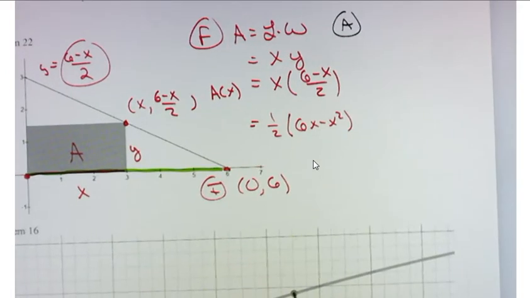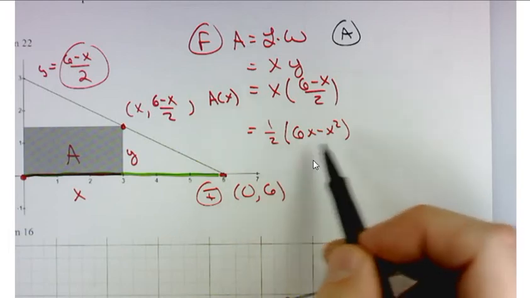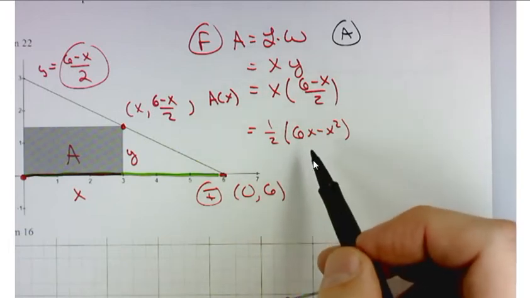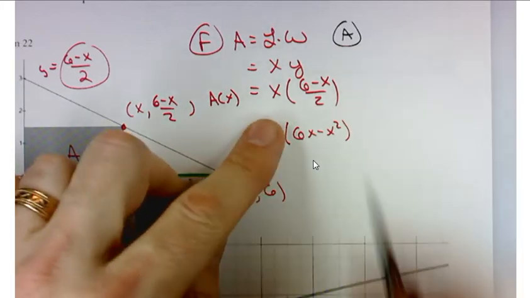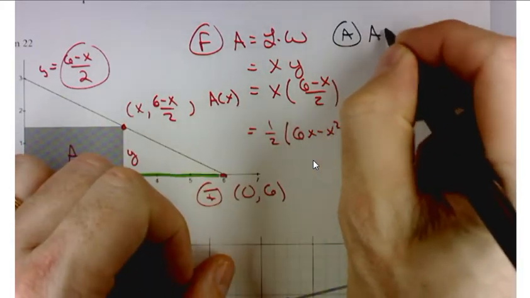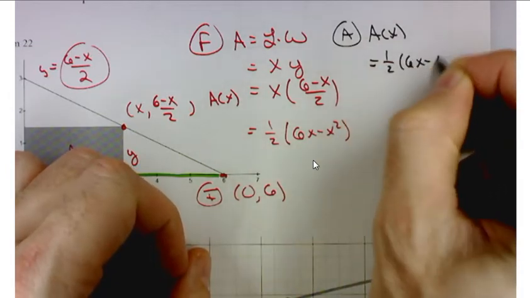Picture, function, interval, analysis. Now I saw a lot of people on the test working really hard to try and find some derivatives. But on this one, you really don't want to use the quotient rule. This is just a polynomial. You have a constant out in front, so A of x is going to be 1/2 times 6x minus x squared.